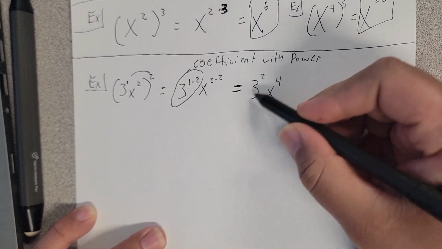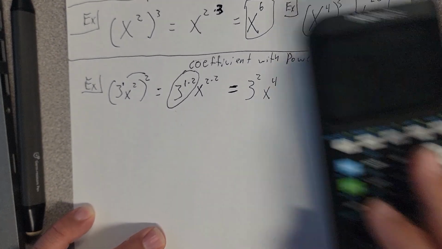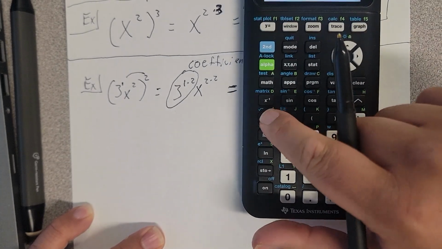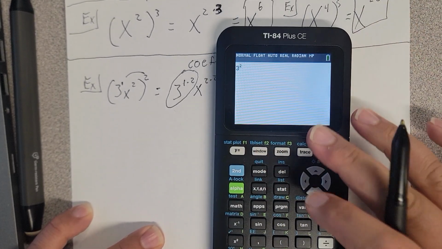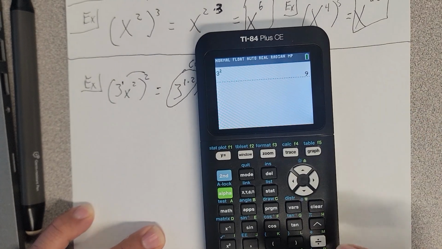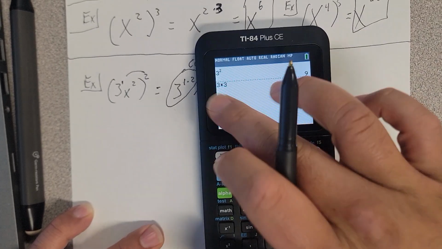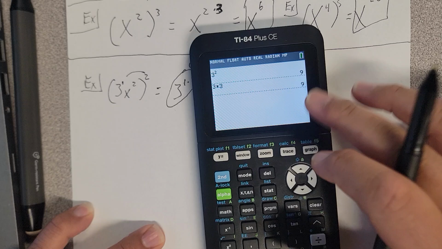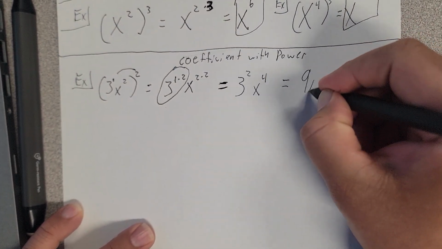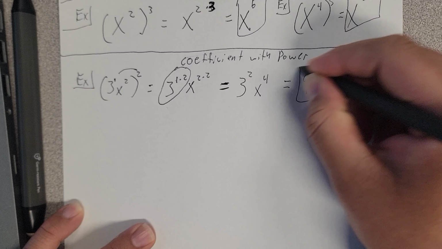So to put this in the calculator, 3 squared, you can type it in here, put 3, and then the little square button's right here. You get 3 squared. It's going to be 9. See, it's not 3 times 2. This is the same thing as 3 times 3, like that, okay? So this turns into a 9x to the 4th power.